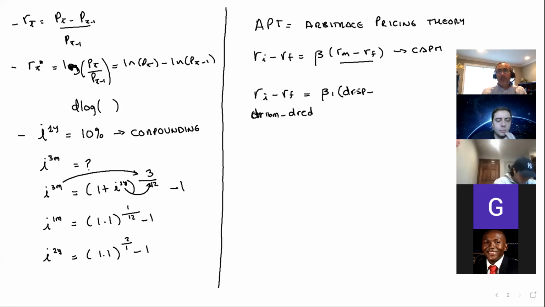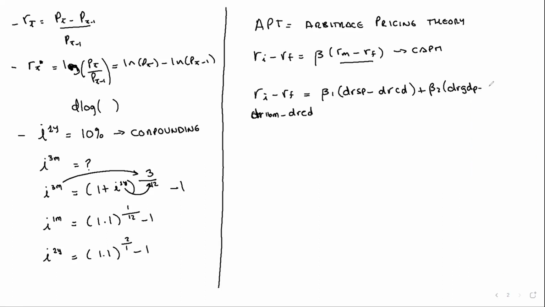Minus DRCD. So this is my market factor, plus beta 2. And I have the economic factor, so DRGDP minus DRCD.